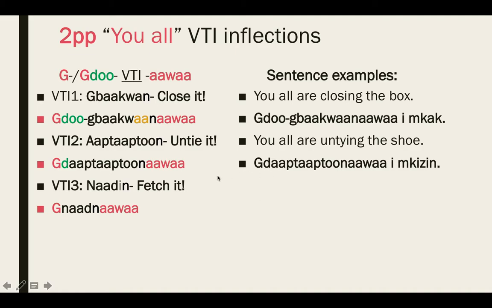And so we're going to translate this sentence here. You all are fetching the box. So how would we say you all are fetching the box? You should have everything you need to translate this on screen right now.